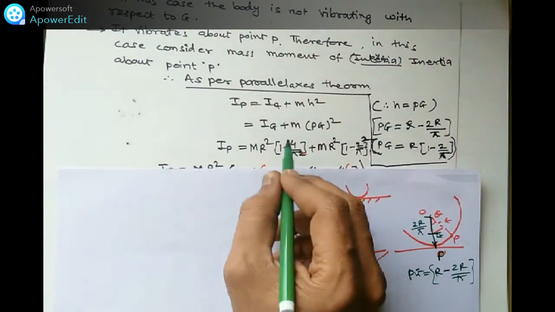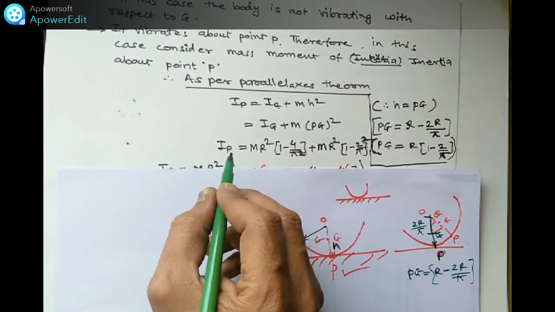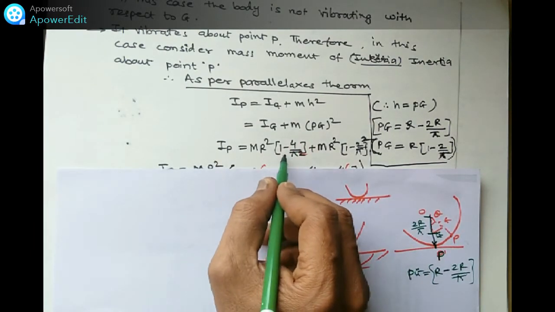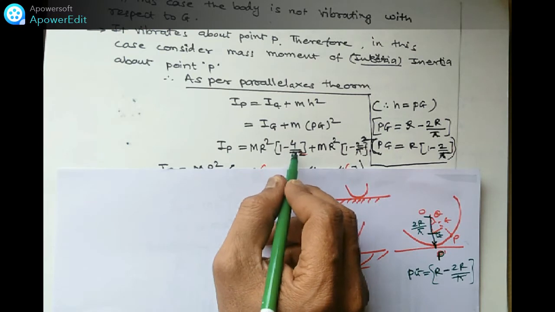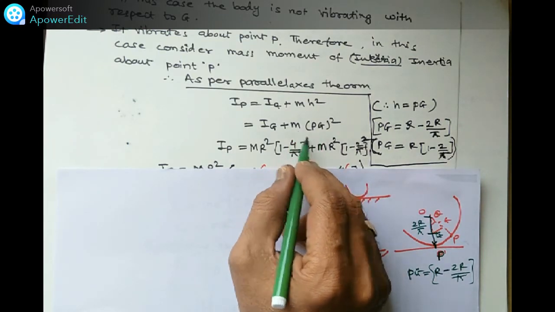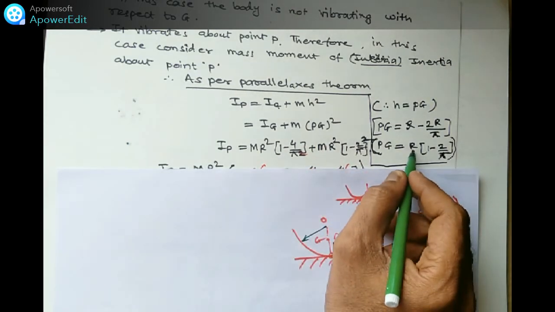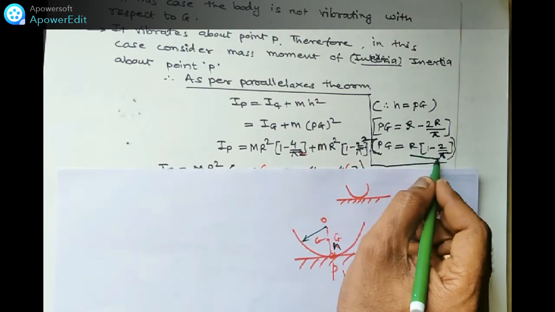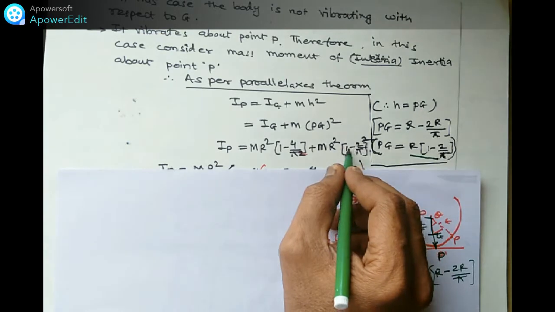So Ip is equal to mr inside the bracket 1 minus 4 by pi square, plus mr, this m into R, the formula finalized, 1 minus 2 by pi, bracket close, its square.